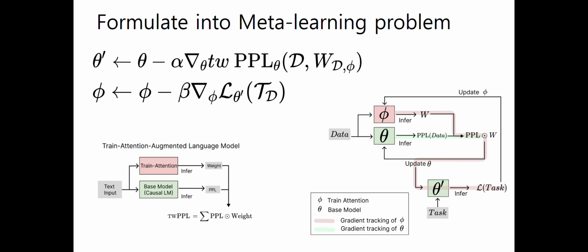In the next step, the LM then selectively learns the document based on these weights. The learned theta solves the task TD, and the parameters of phi are updated to maximize the task performance of theta.